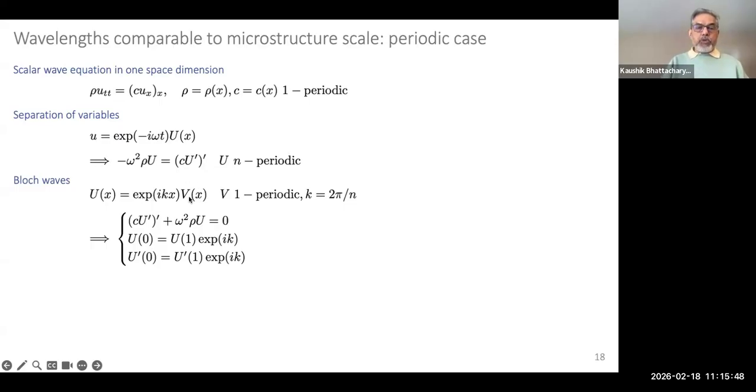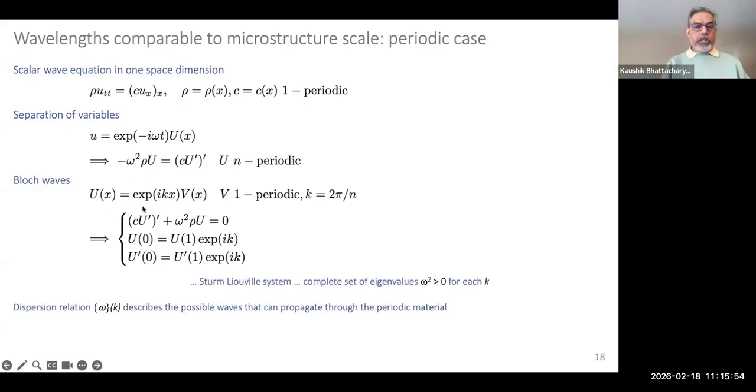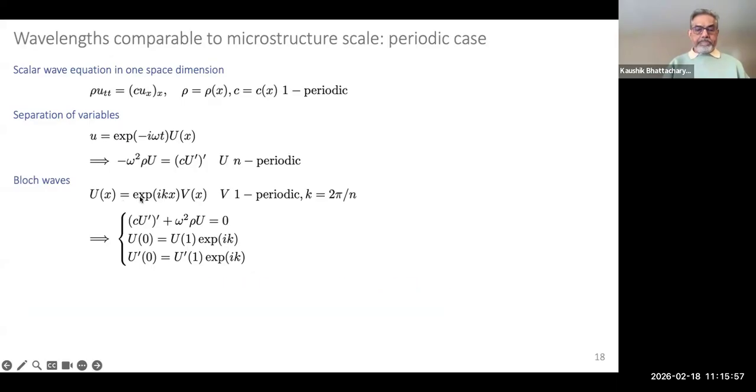I can represent it with a one-periodic function and something which is sinusoidal with wave number k. So this is Bloch. Actually, it's called Bloch waves, but it actually goes back to Floquet before Bloch, but Bloch used this in physics, and that's why it's often called Bloch waves.